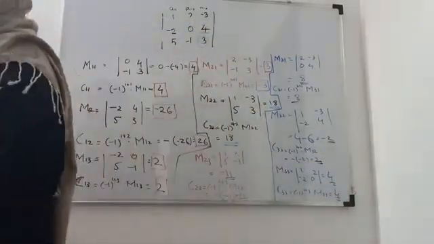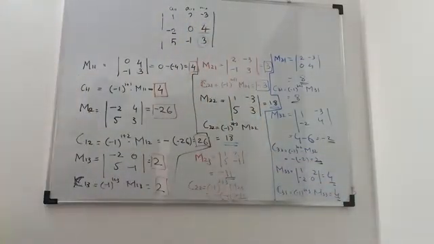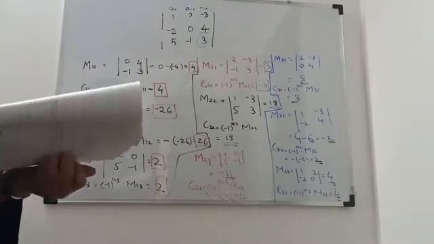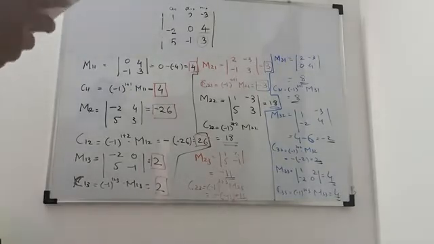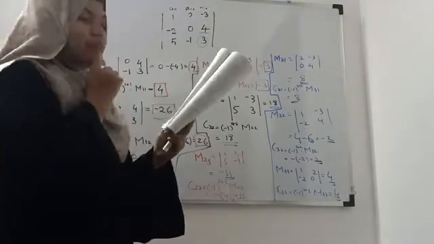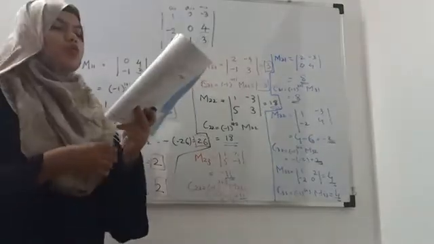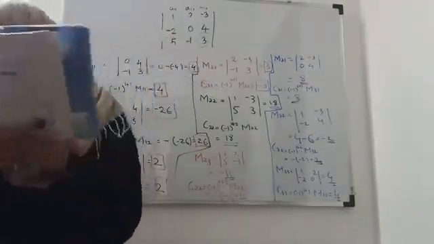So this is the way to find the minors and the cofactors of a 3 by 3 matrix. Now the next topic is expansion of a determinant by using minors and the cofactors of any row and column.